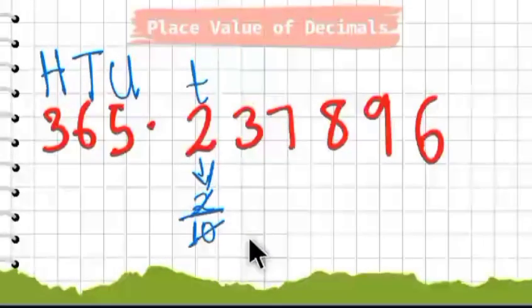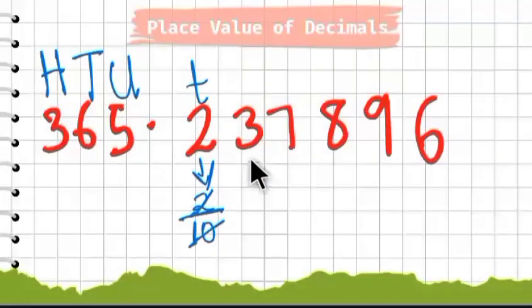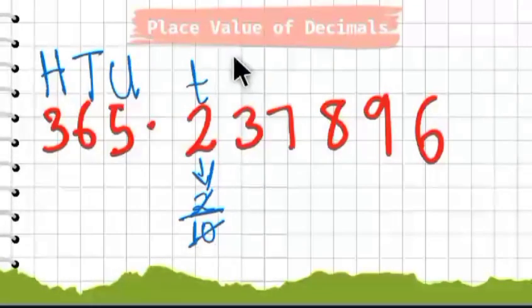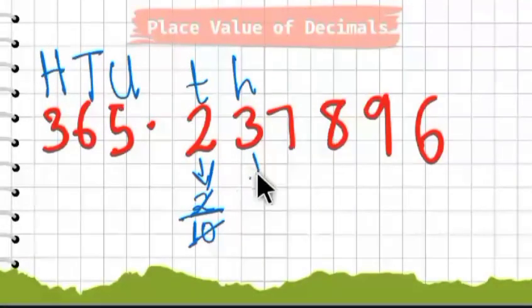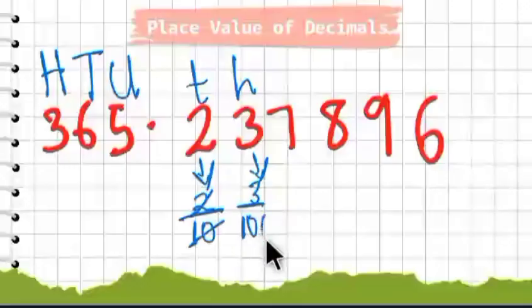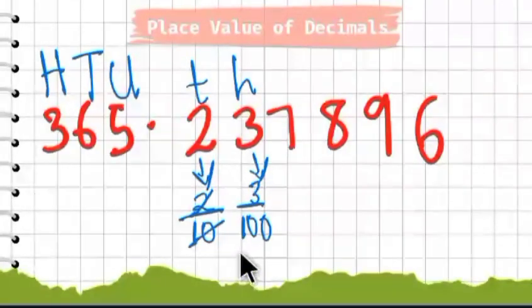Next, we go to the next digit, which is 3. The value of this 3 is hundredths, and it simply means 3 out of 100. Remember, it is fractional parts.